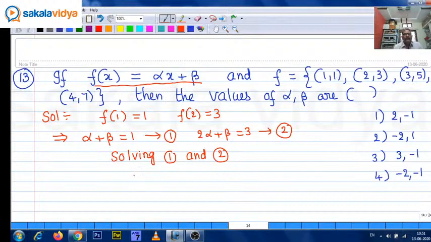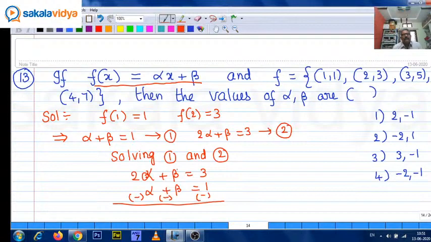So okay, 2 alpha plus beta equals 3. Alpha plus beta equals 1. Subtract the first equation from this: minus, minus and minus. Beta gets cancelled. We have alpha equals 2.